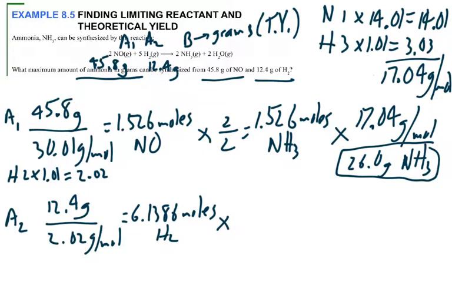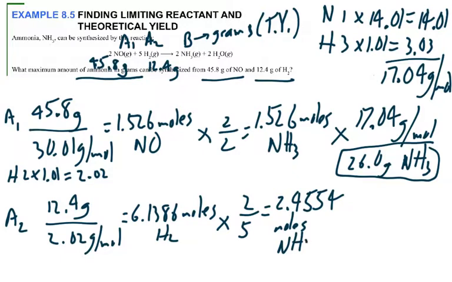Now, our new mole ratio is going to be B over A2, and that's going to be 2 over 5. So you multiply by 2, then divide by 5, and you get 2.4554 moles of NH3. Now, the beauty is it's the same B as the previous problem, okay?